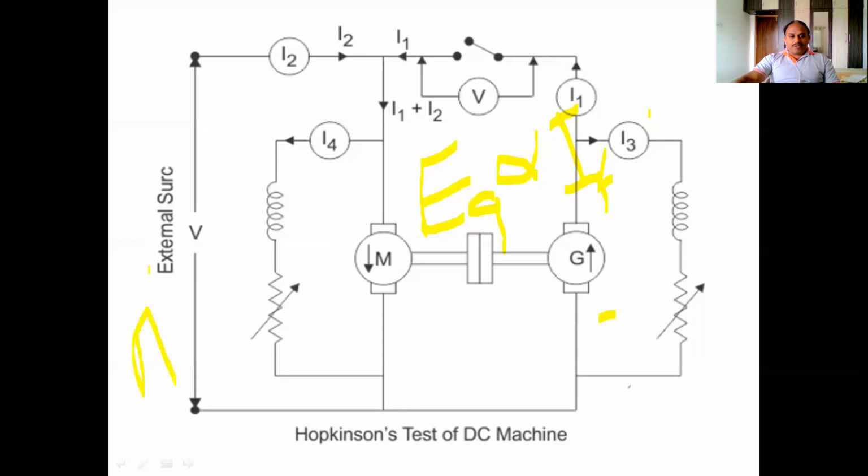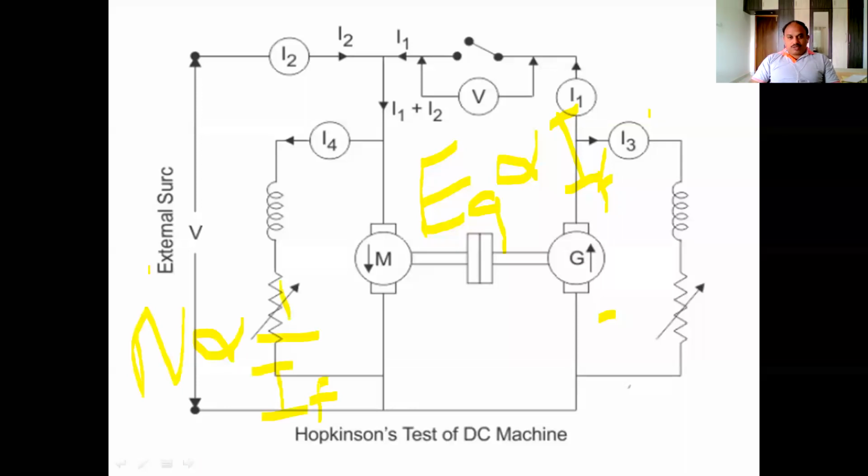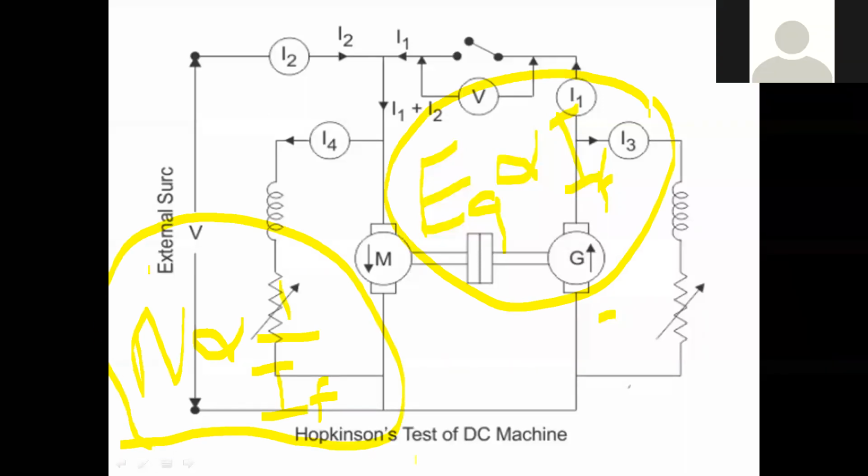Speed is inversely proportional to field current, proportional to 1 by flux. These two relations are very, very important while conducting this test.